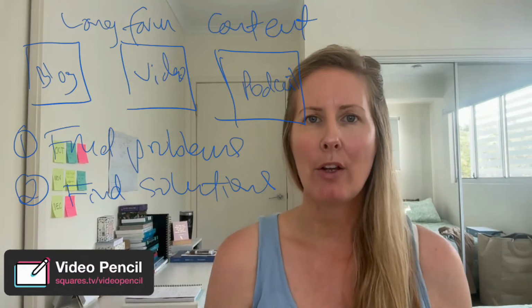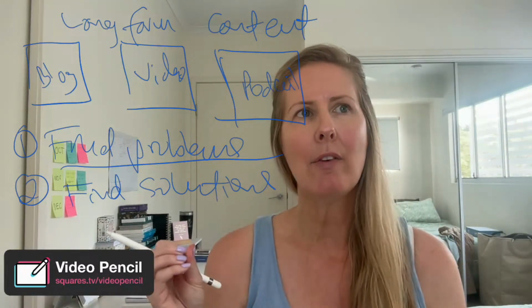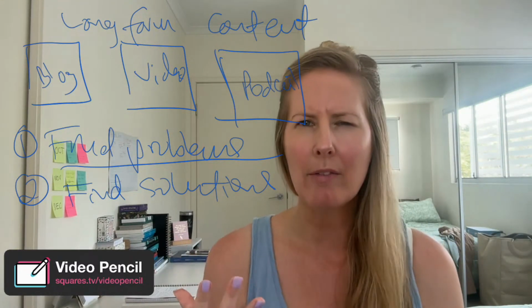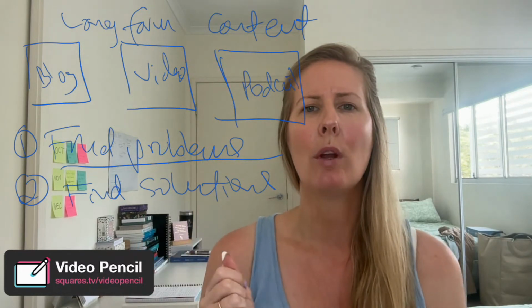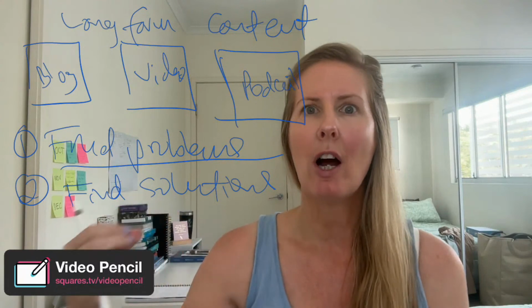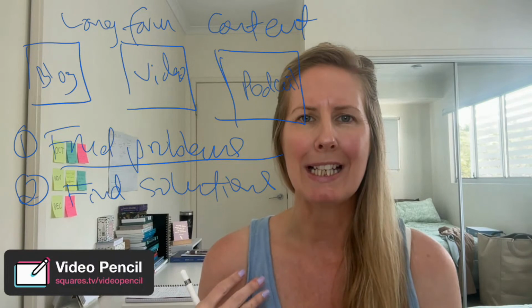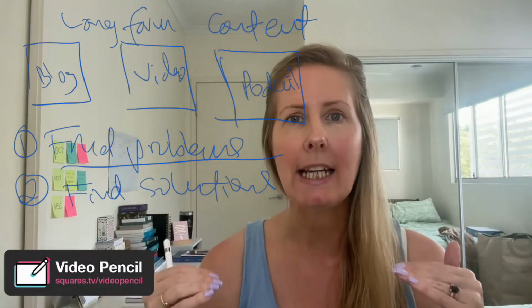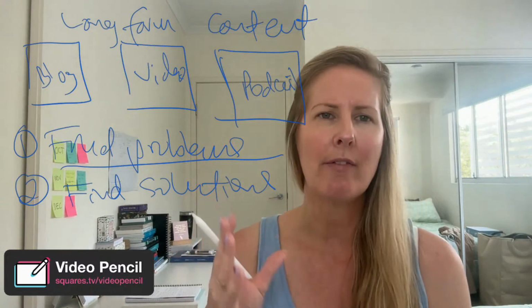So we do that by this one first, right? The find problems. So I have this awesome process which is called a messaging organizer, where you list out all of the bullet points of Island A, aka what are the problems that your audience is struggling with through the lens of your actual offer, right? So we want to do that first.